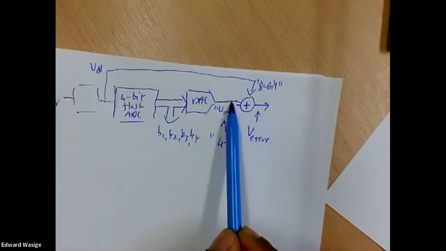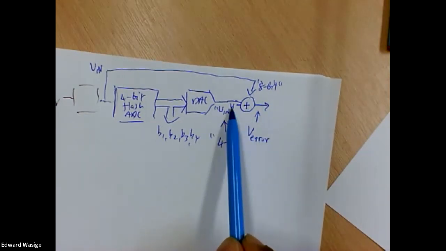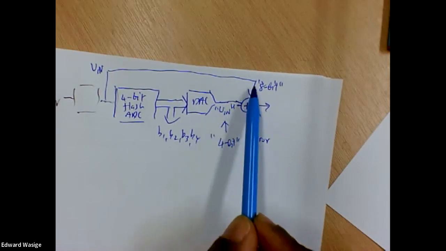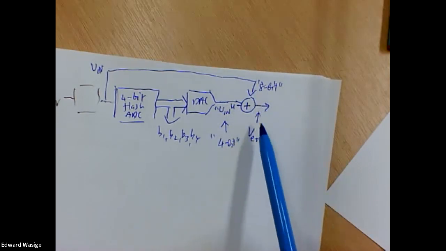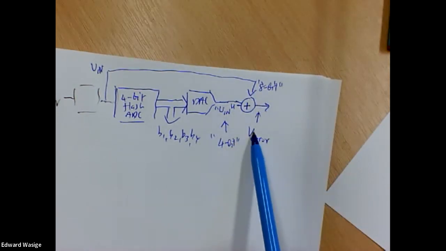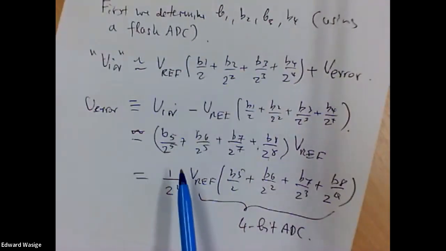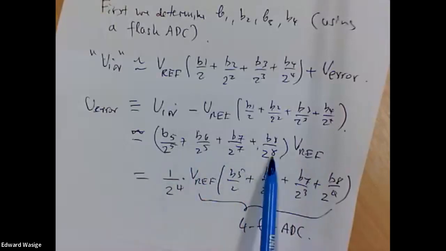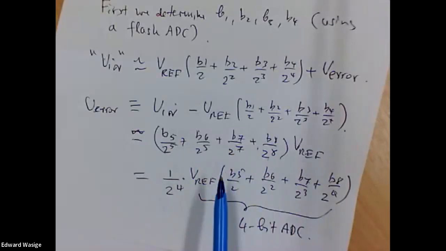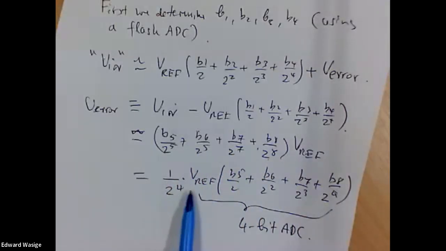And if we come into this summation and we subtract this approximate voltage from our actual input voltage, what we get here is the error voltage. And that error voltage will be equal to that expression. And that expression, we know we can write it like this.